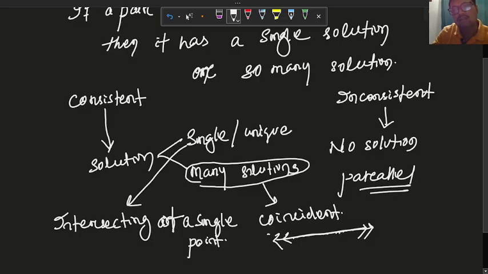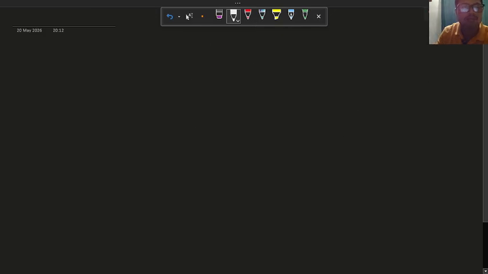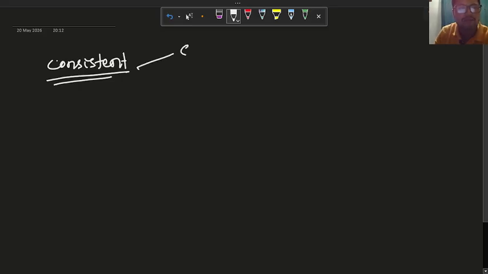So in today's class, we will learn about the conditions of consistent and inconsistent. If the linear pair of equations is consistent, then they have a single solution or many solutions.